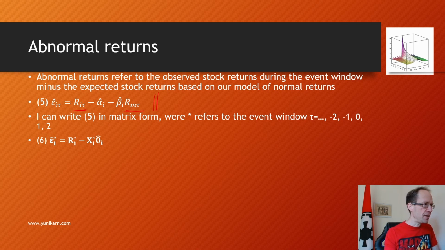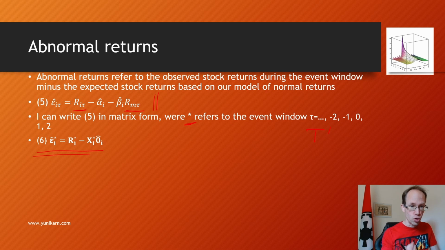Again, I can rewrite equation 5 in matrix form. And here the asterisk refers to the event window. Now the event window will usually have a different dimension, so I use later the dimension t prime for the size of my event window. So put differently, I can use exactly the same logic to get to expression 6 from expression 5. Now, from 6, we can derive the statistical properties of abnormal returns.